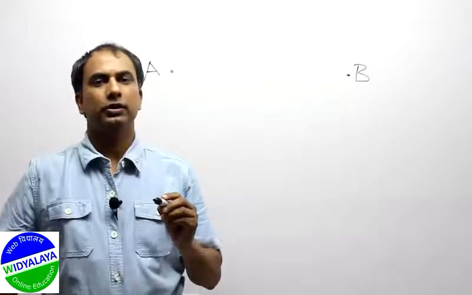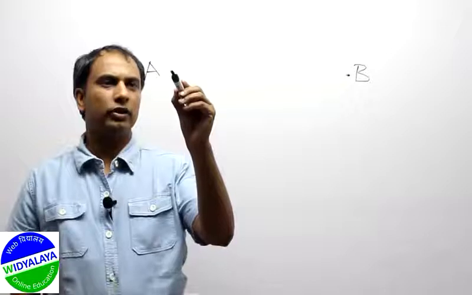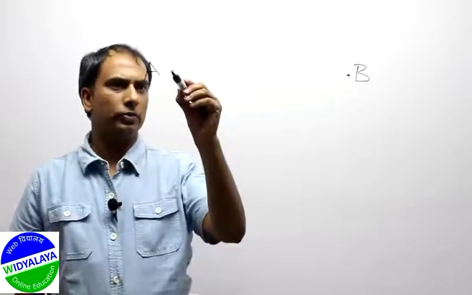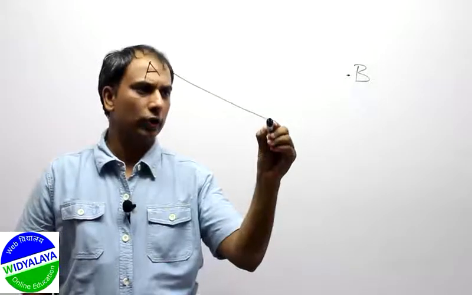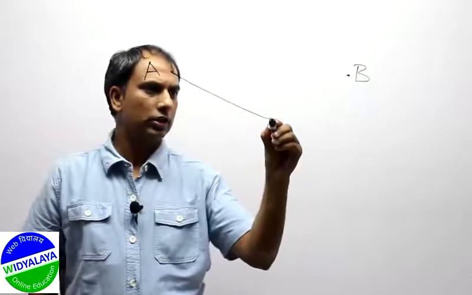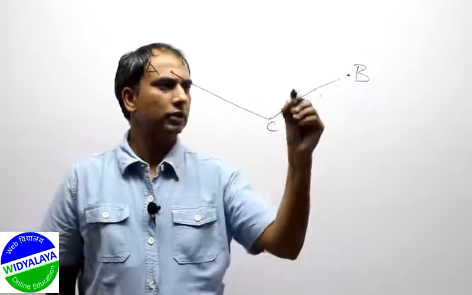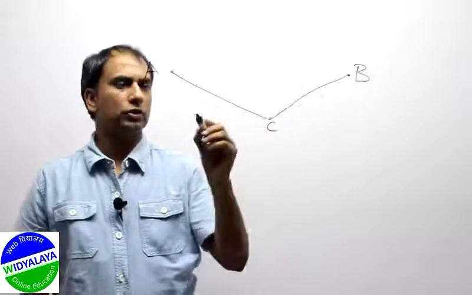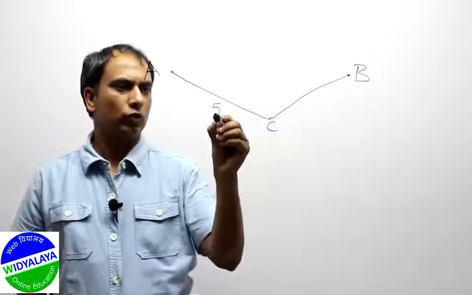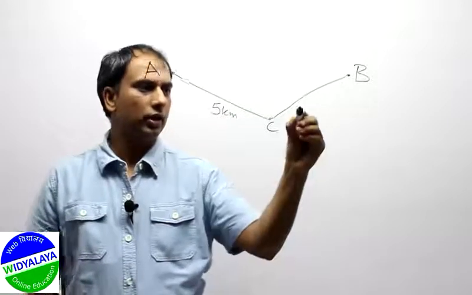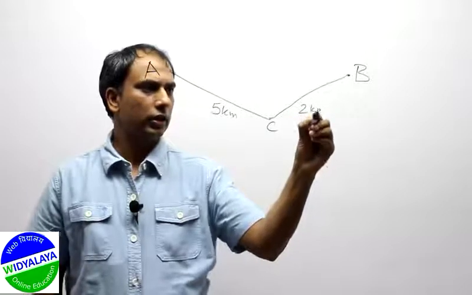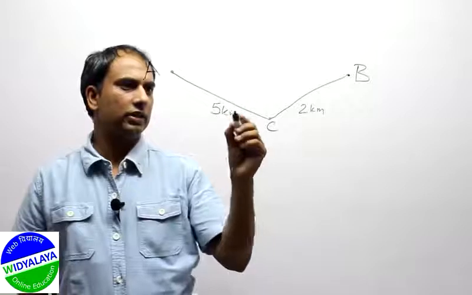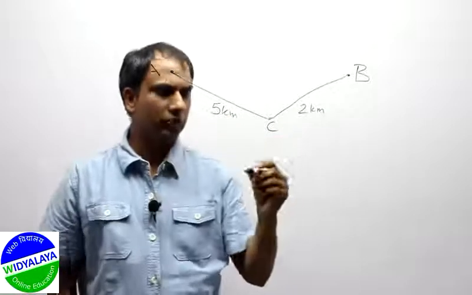Now what is speed? Let's say there is a taxi moving from point A to point B, and actually the taxi goes through another point C and then finally goes to B, and this is a straight line A to C and C to B. The distance traveled was 5 kilometers here and 2 kilometers here, and the total time it took is, let's say, 7 minutes.